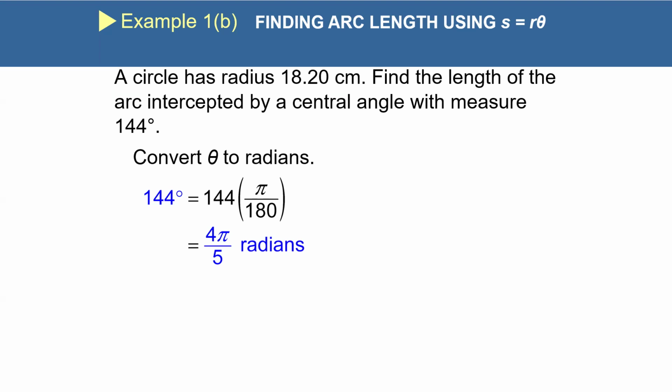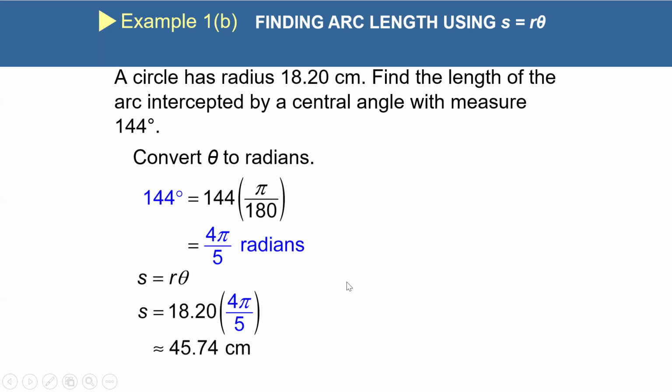Now am I good to use the formula? Well, yes, I am. I have my radius. I now have my angle in radians. And I plug it all in and we get.